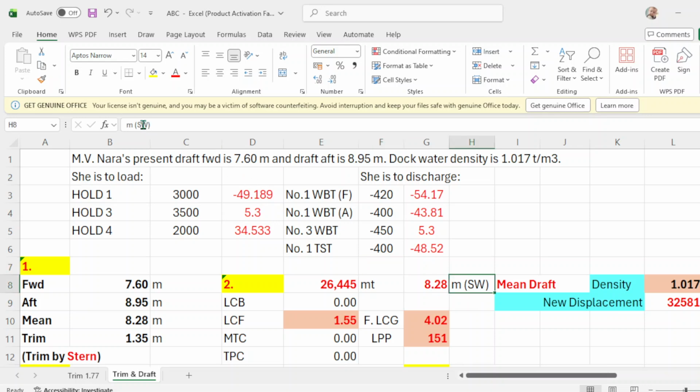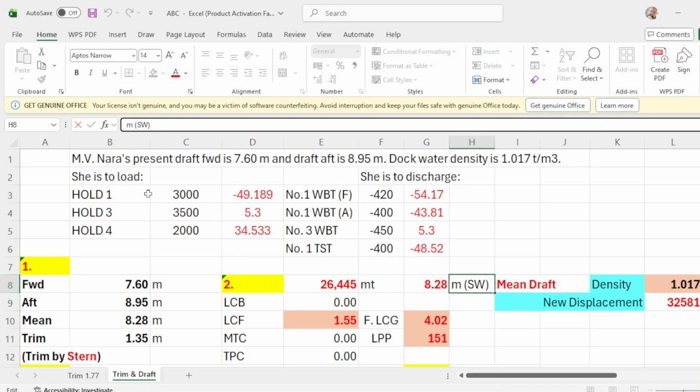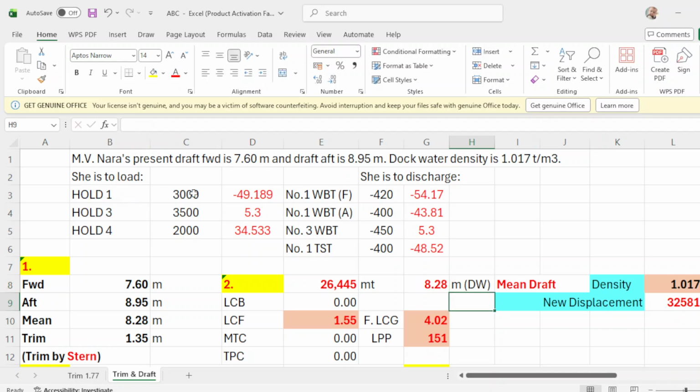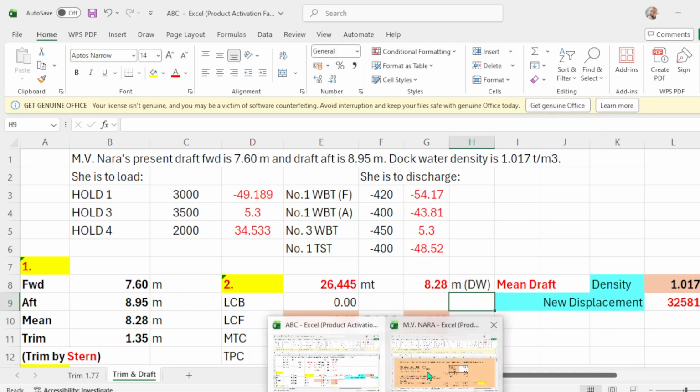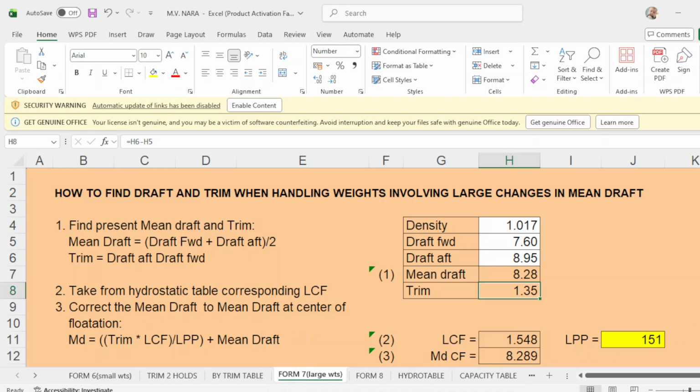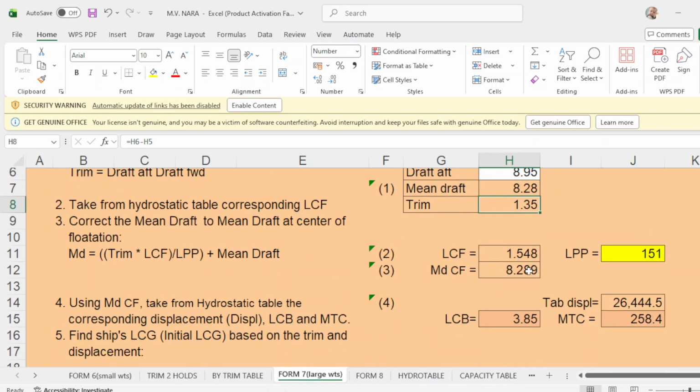Okay, because the density is 1.017. So dock water because your density is 1.017, and we'll be looking for LCF. Okay, LCF. Number 2 is only LCF.